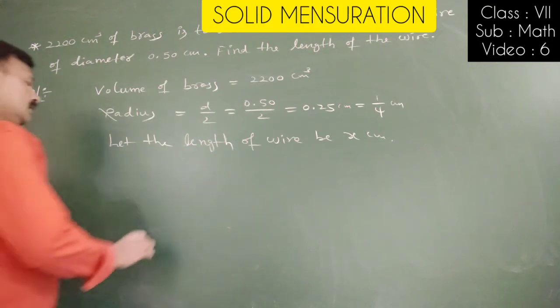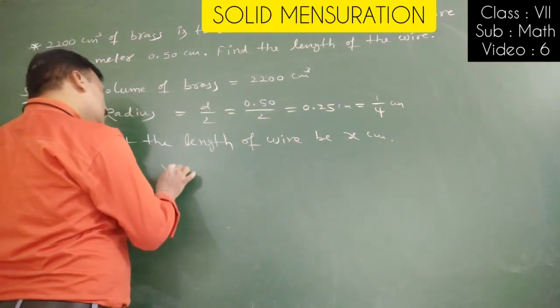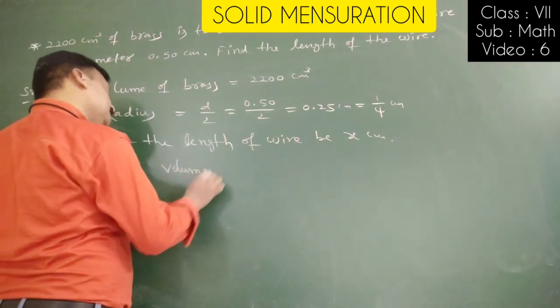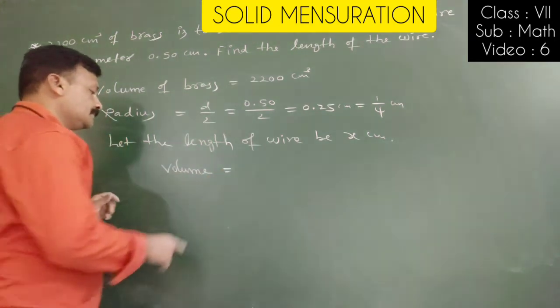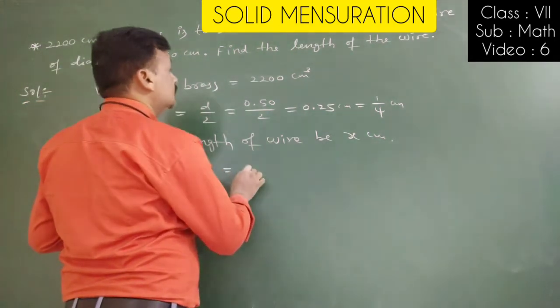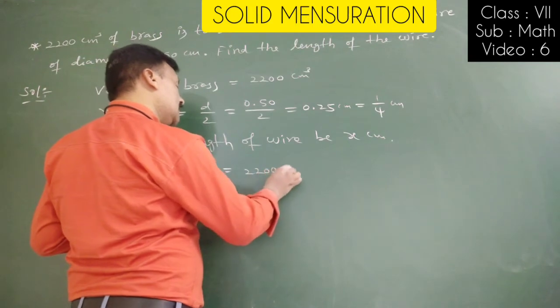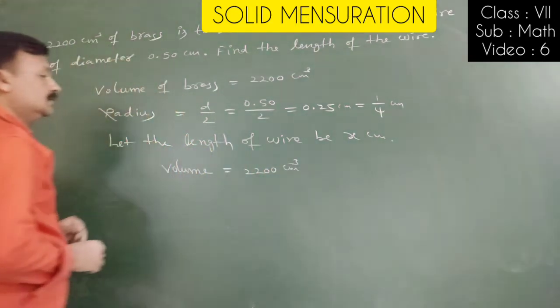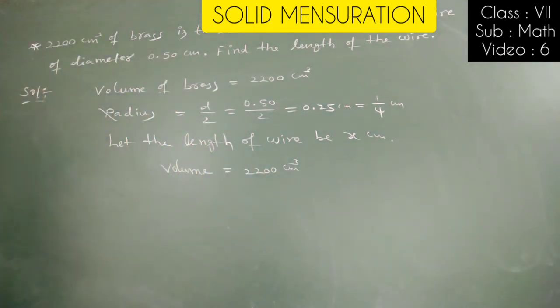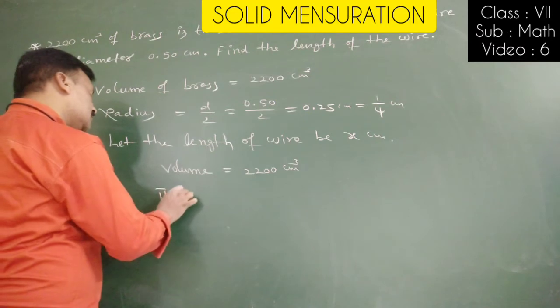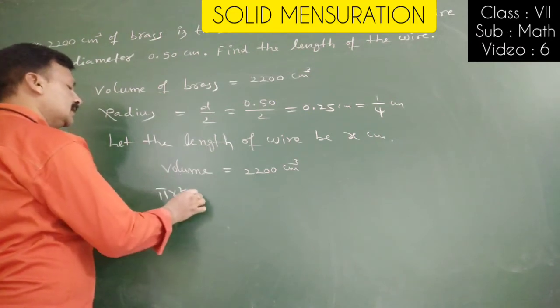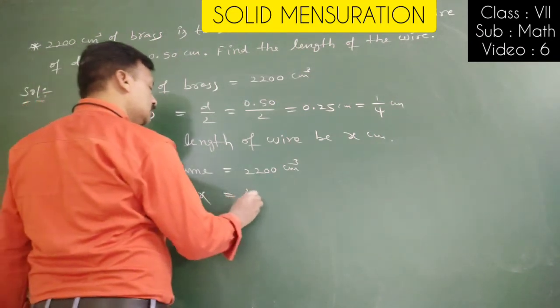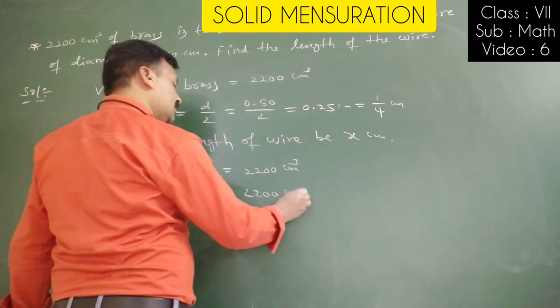Now, volume is given as 2200 centimeter cube. Here pi r square h, h is nothing but the length here, that is x, equal to 2200 centimeter cube.